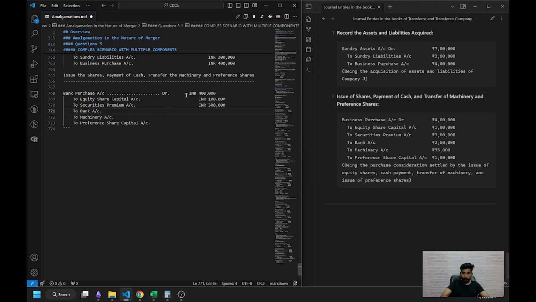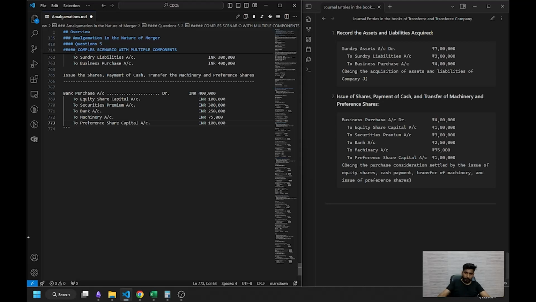We have made the payment of bank account that is rupees 2,50,000. The machinery is of rupees 75,000 and the preference share capital is of rupees 1 lakh.